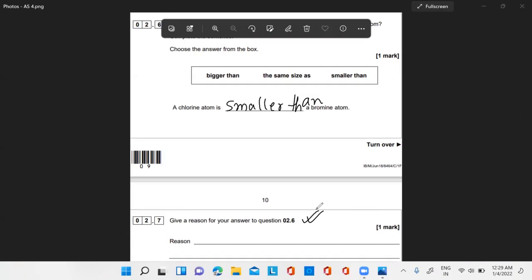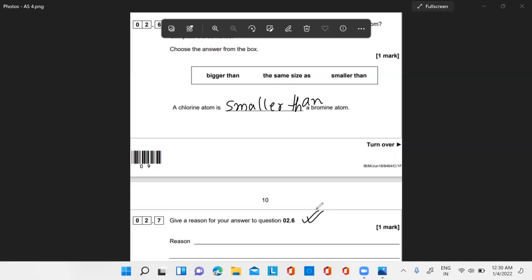So since chlorine has fewer electrons than bromine, the radius of the chlorine atom will definitely be smaller, because it is having fewer electrons, so it will have fewer shells.